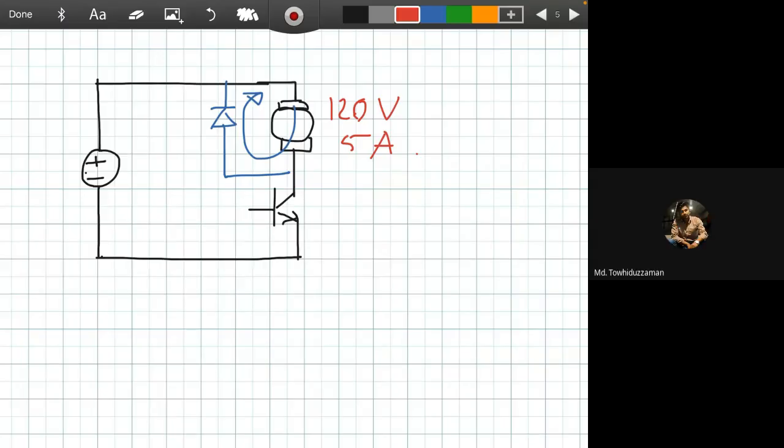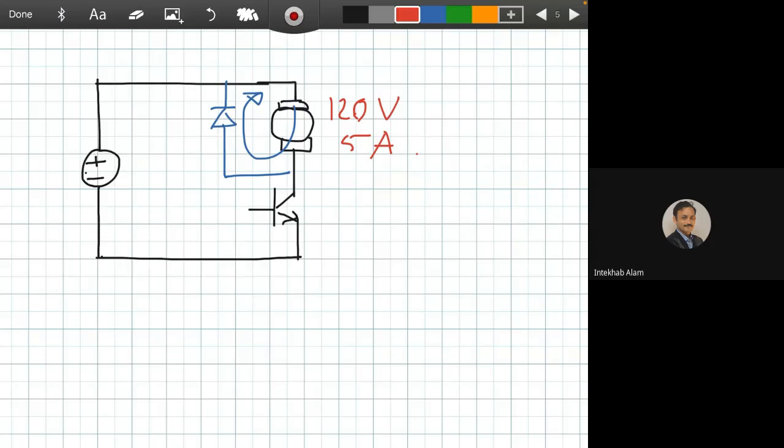What should be the reverse voltage of this diode if you want to keep it safe? How much voltage will appear across this diode?